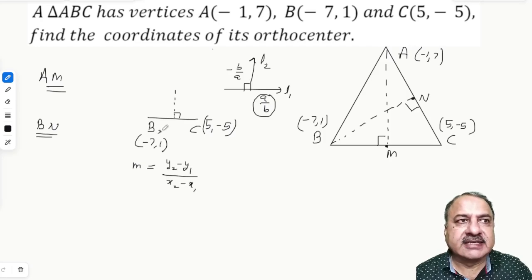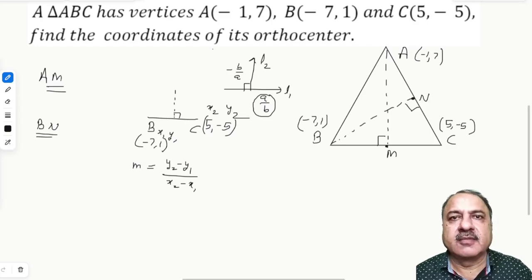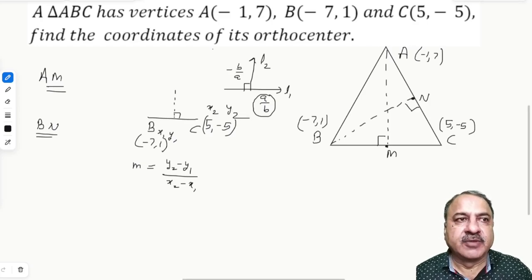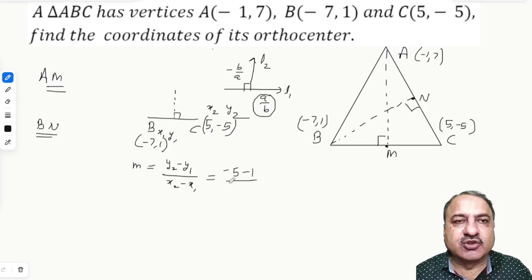Suppose this is x1, y1 and this is x2, y2. We will plug in these values. y2 minus y1 means -5 minus 1, divided by x2 minus x1, x2 is 5 minus x1 which is -7.